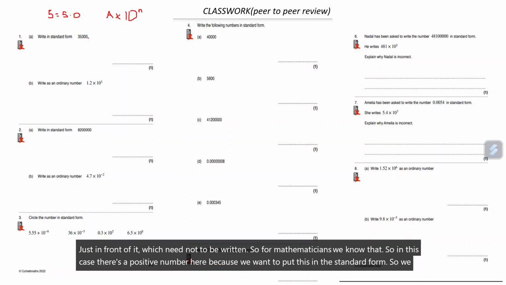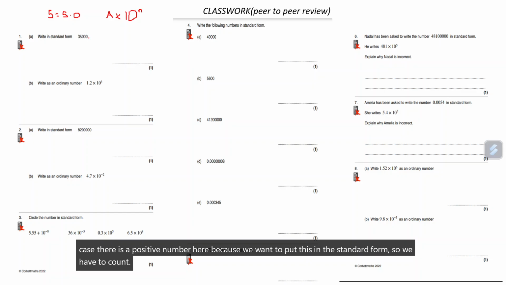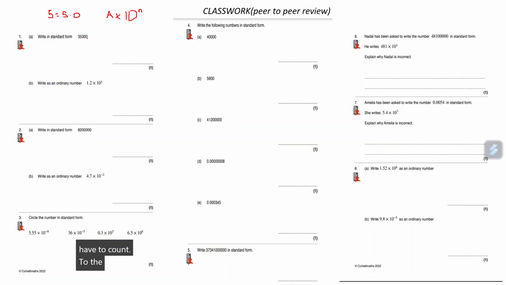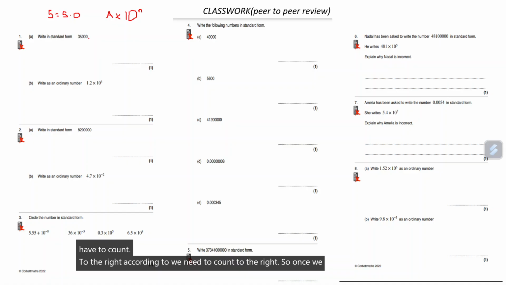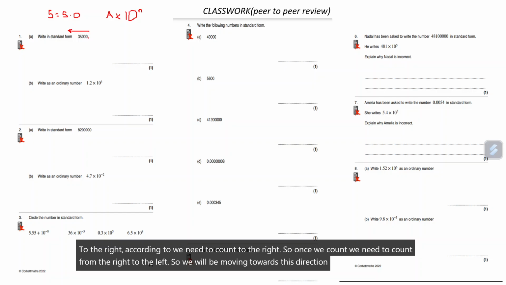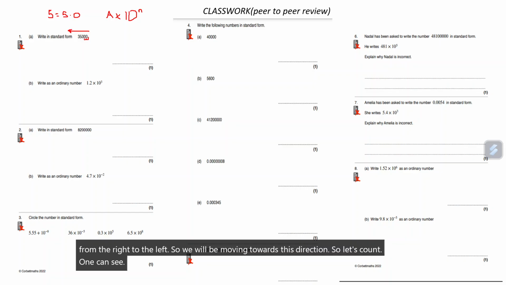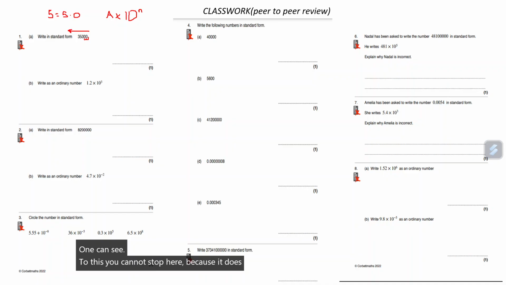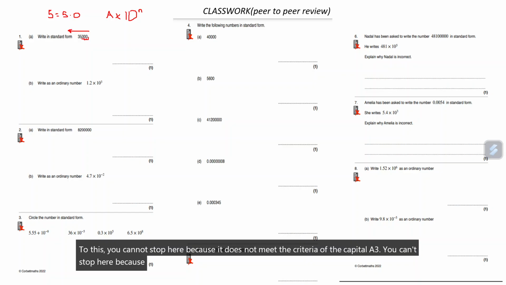So in this case, there's a positive number here because we want to put this in the standard form. We need to count from the right to the left, so we will be moving in this direction. So let's count. One, two. You cannot stop here because it does not meet the criteria of the capital A. Three, you can't stop here because if you stop here, you get 35.